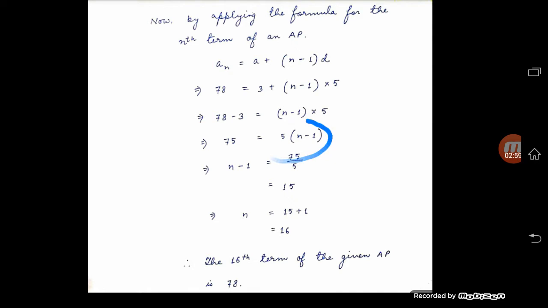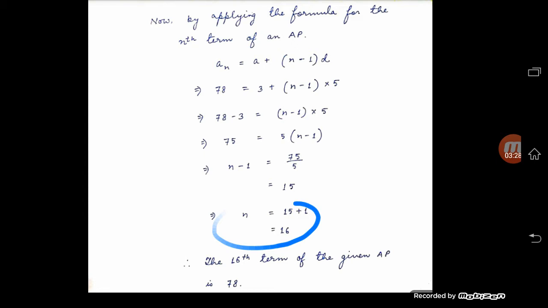Now, in the next step, this 75 will be divided by 5. 75 divided by 5 will be 15. Next step, 1 will go to this side as 15 plus 1. So we have got n is equal to 16.